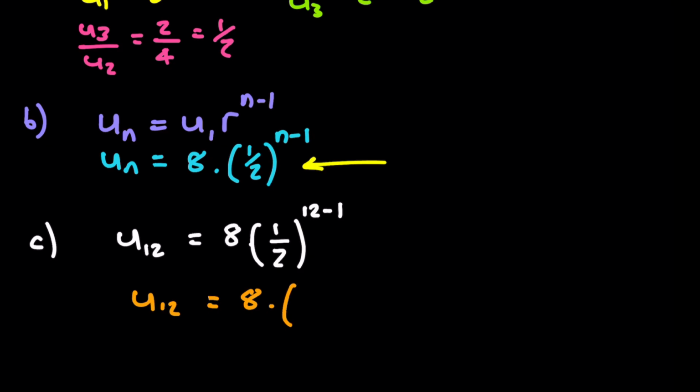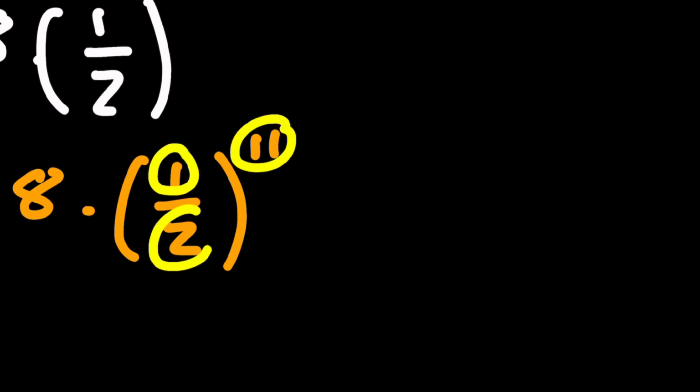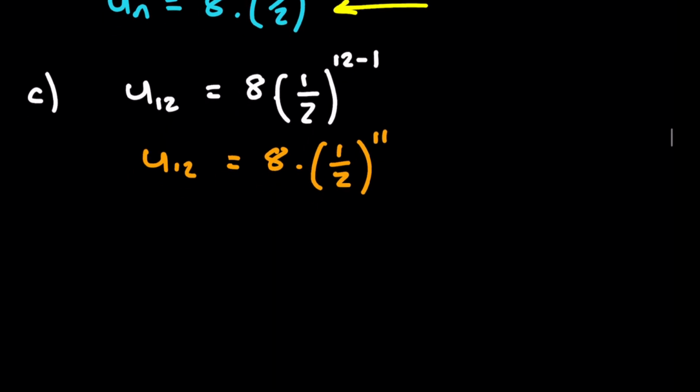Now, when we have something like a fraction raised to a power, don't forget your rules of indices are that you can raise this 1 to the power of 11 and also this 2 to the power of 11. So I'll just write another line down there, that u12 is equal to 8. Now 1 to the power of anything is still 1, so that's just 1, over 2 to the power of 11.